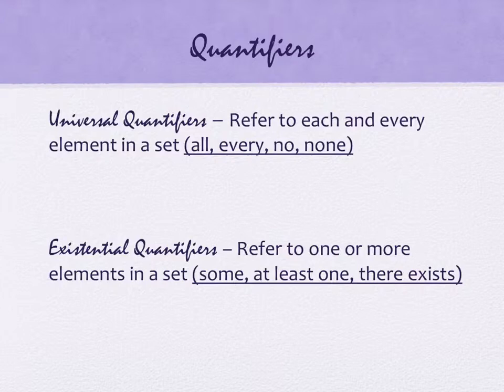There are two types of quantifiers. There are universal quantifiers, which refer to each and every element in a set. So they look something like: all boys have stinky feet.